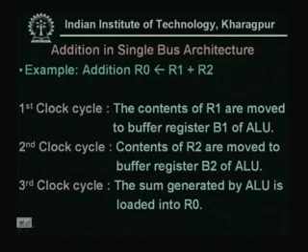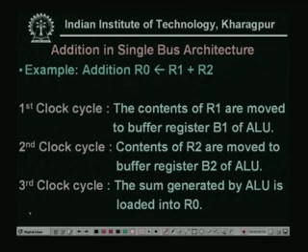So, in the first clock cycle, the first time step, the contents of R1 are moved to buffer register B1 of the ALU. So, I have to add R1 and R2.